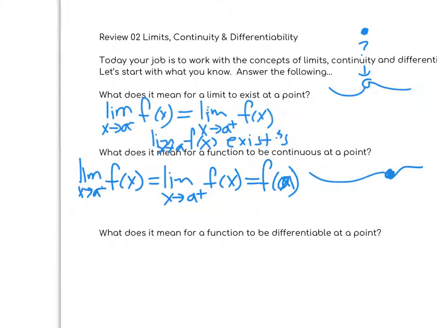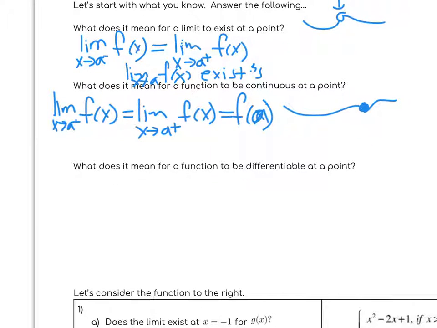The last piece, and again, this is branching off what the previous two say, if we are continuous at a point, so in other words, if we've already established the stuff up above, so if we are continuous at x equals a, differentiable means that the derivative from the right is equal to the derivative from the left. We're approaching the same slope from both sides.